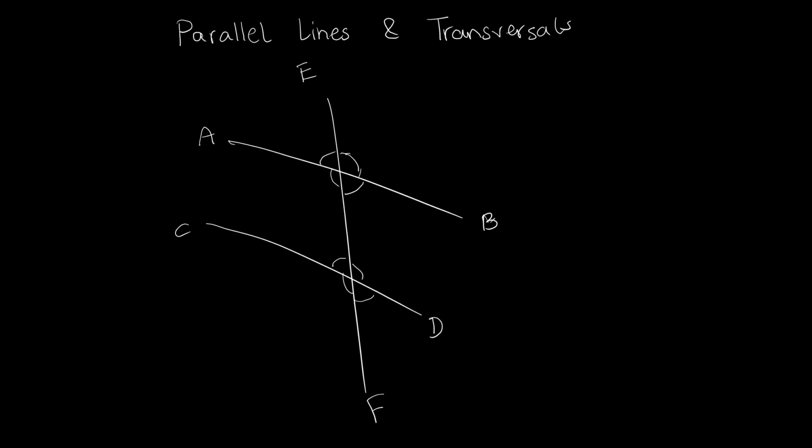In this case, the corresponding angles form a shape like F. This angle, this angle. For example, let's call it small a and b. Now, the angle D and the angle H are both corresponding.